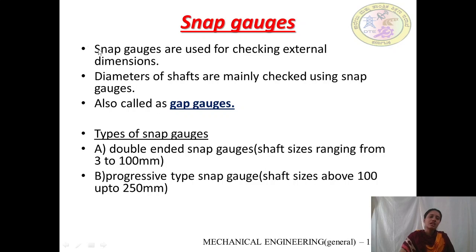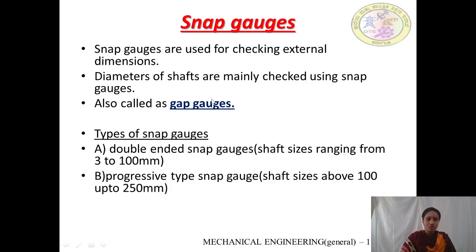The snap gauges are used for checking external dimensions. Diameters of shafts are mainly checked using snap gauges.